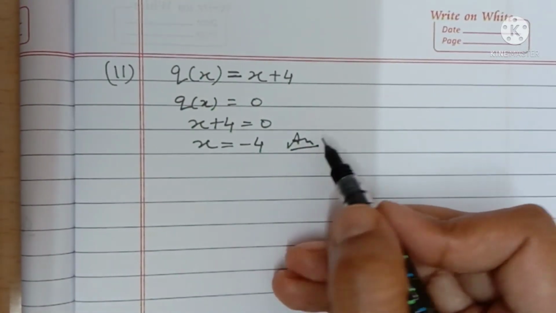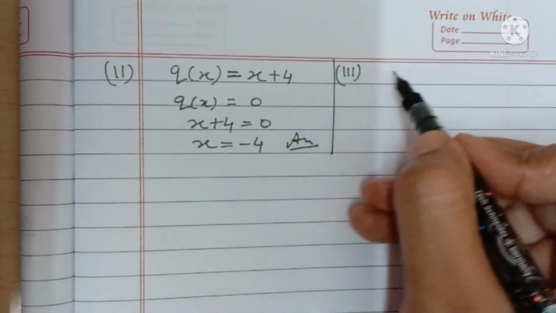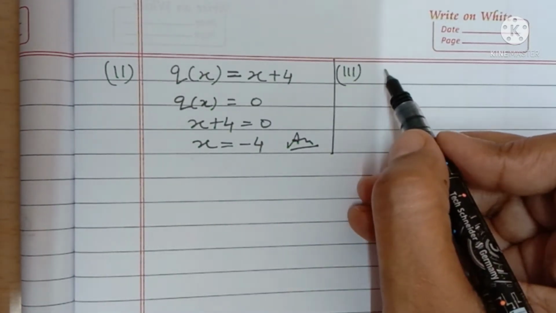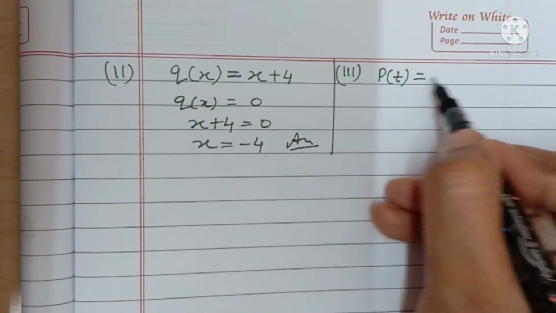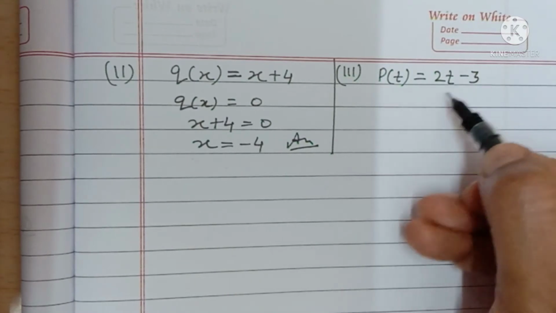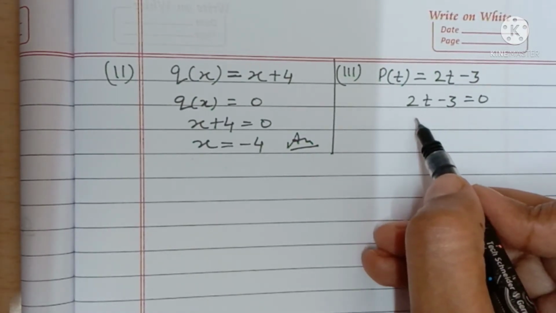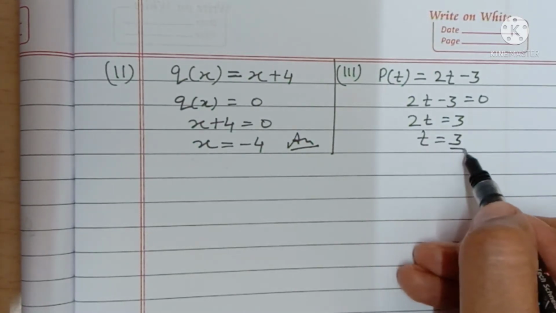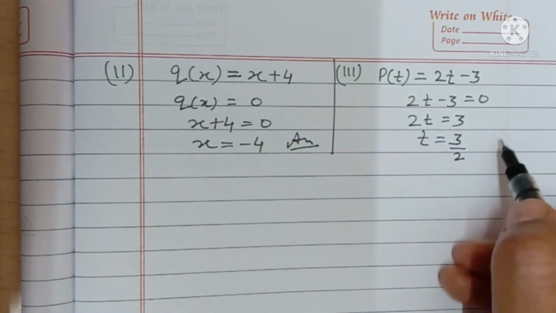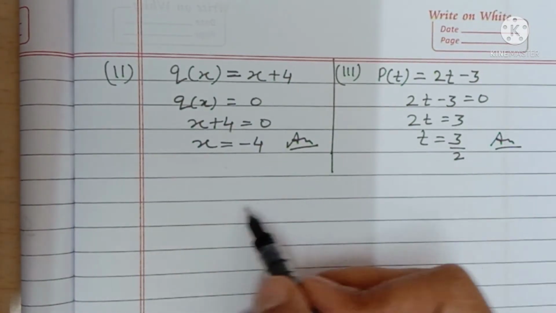Very easy questions. Now come to the part 3rd. Pt is equal to 2t minus 3. Equate 2t minus 3 is equal to 0. So you will get 2t is equal to 3 and t is equal to 3 by 2. Answer. You can write it mixed fraction also.